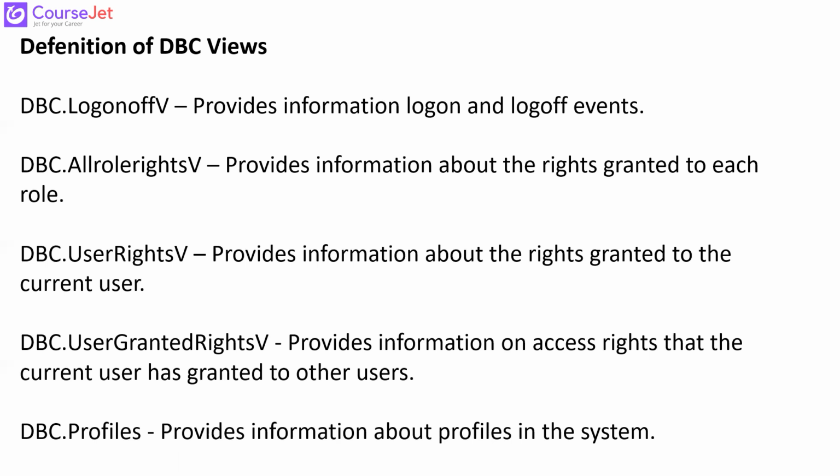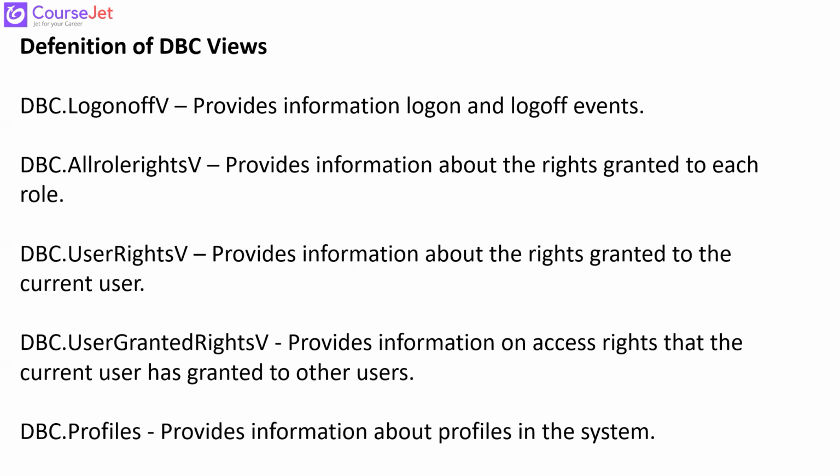So here we saw allrolerights. There is one more metadata called dbc.allrights, which will contain the direct access given on the user. And this dbc.userrights will give you the information about the direct rights given on the current user. If you are firing it, the rights you have will be shown here.